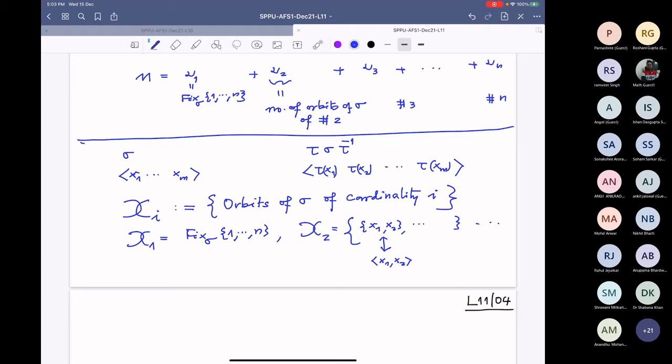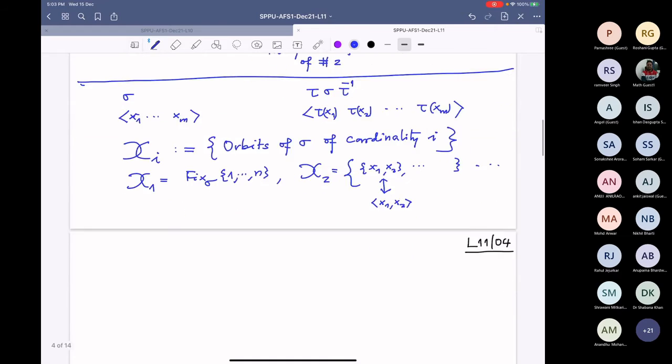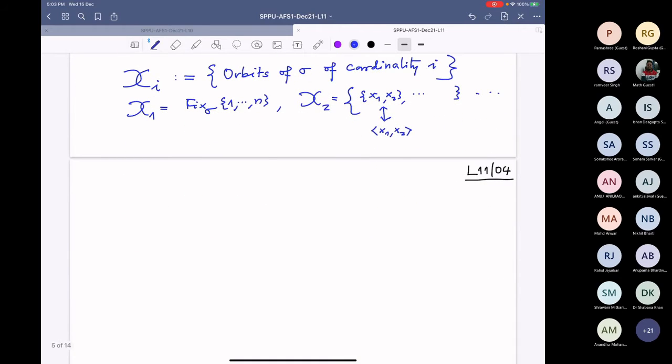So the orbit corresponding to this cycle will go to some other orbit of the same cardinality. That simply means that each tau, if I take the permutations on this capital X_i, I will write first and then we will explain the notation.